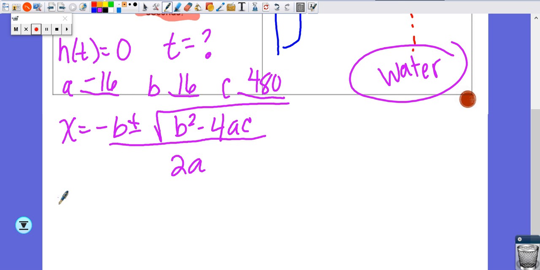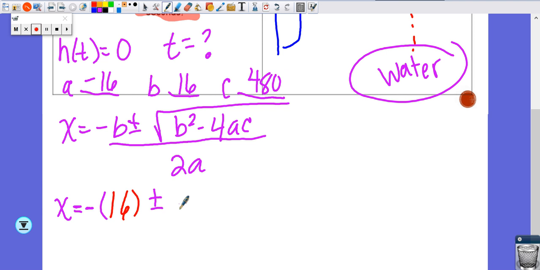Alright, so I'm going to substitute in, and remember, anytime you substitute into an equation, you put the number in parentheses. So the negative was already there, and what we're putting in is going to go in red. b is positive 16, so I'm going to put in 16.